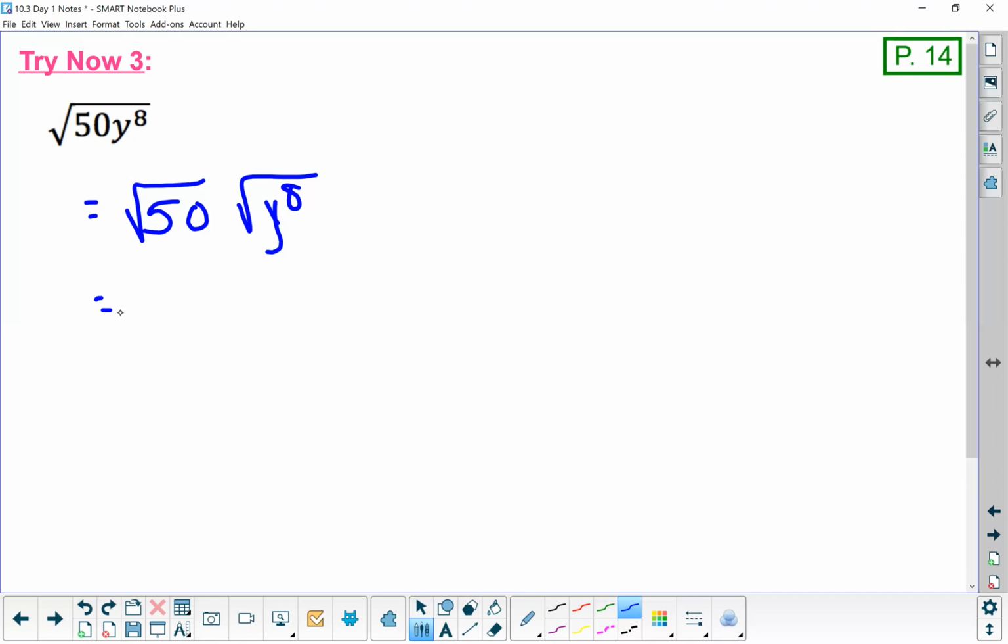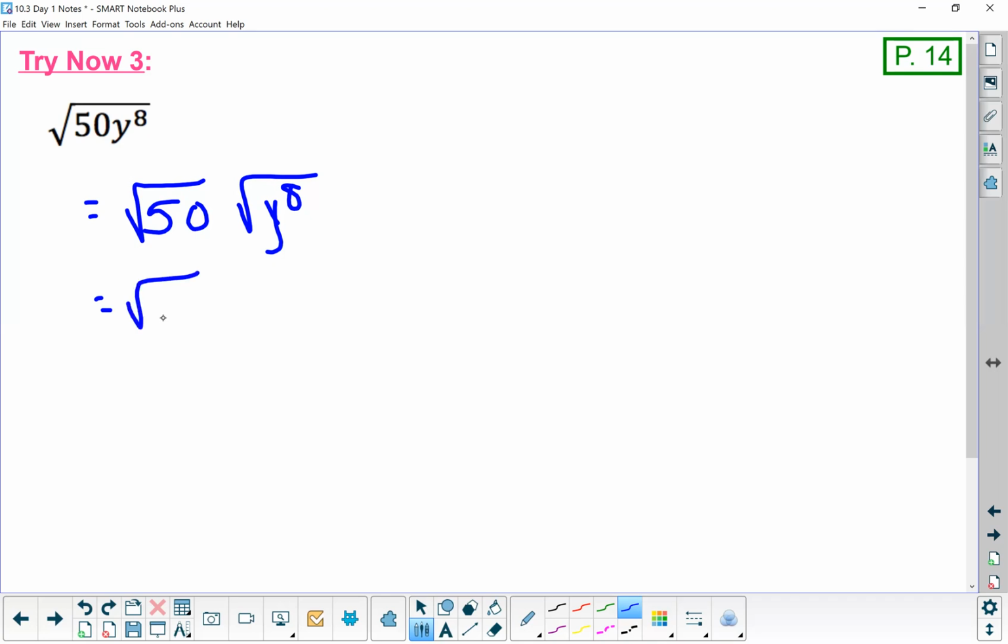The largest perfect square less than 50 is 49. 49 does not divide evenly into 50, so we check 36. And 50 divided by 36 does not come out even. The next perfect square is 25.